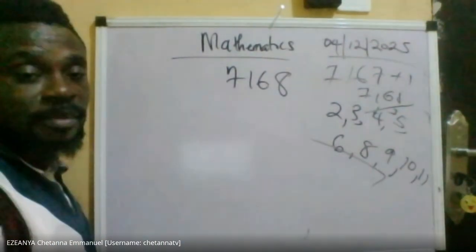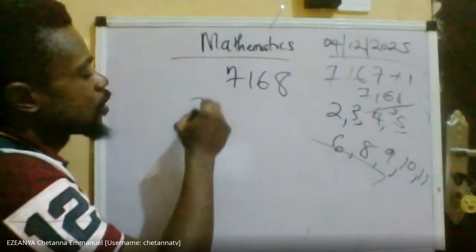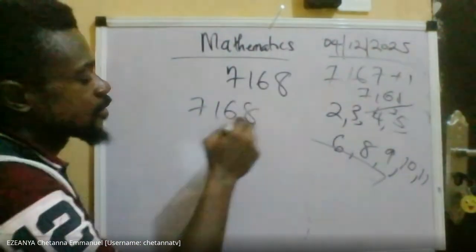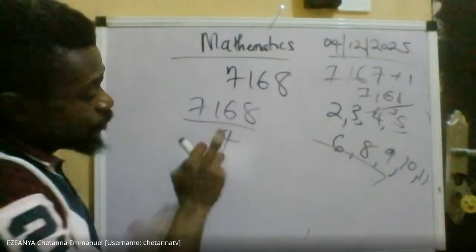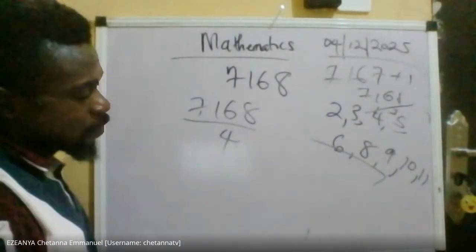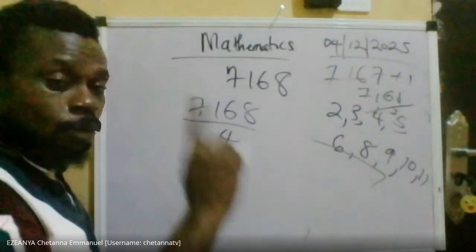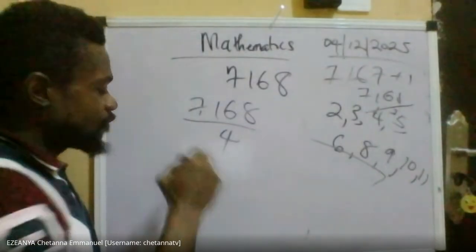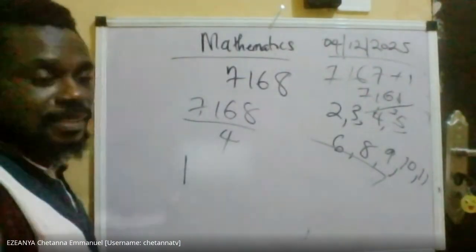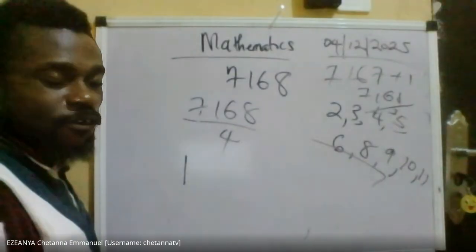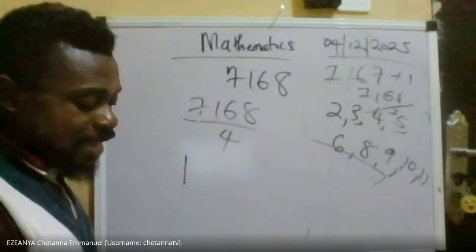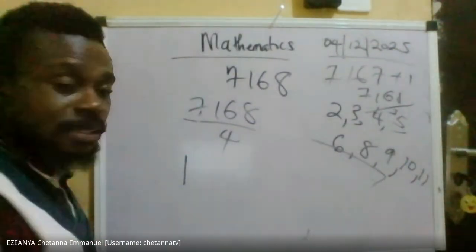That's the meaning. Let's check. 7168 over 4. Let's go. 4 divided into 7. You can only find one 4 in 7. We have 1, remember 3. 7 minus 4 is 3. Multiply 3 by the base you are working on. 3 times 10 is 30.